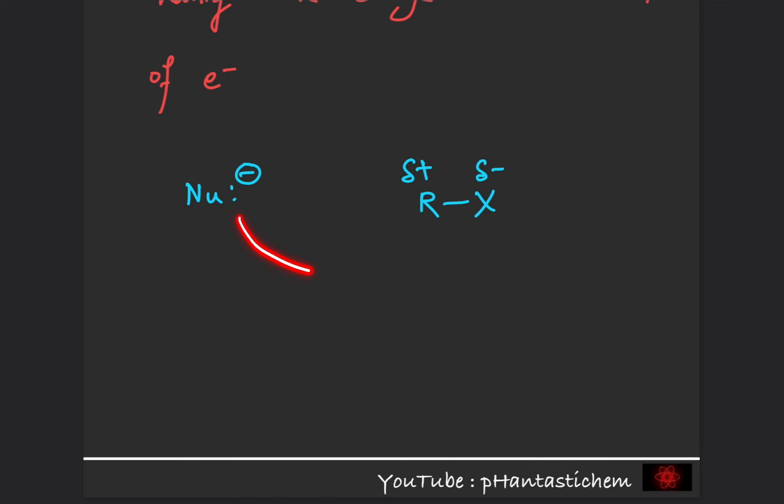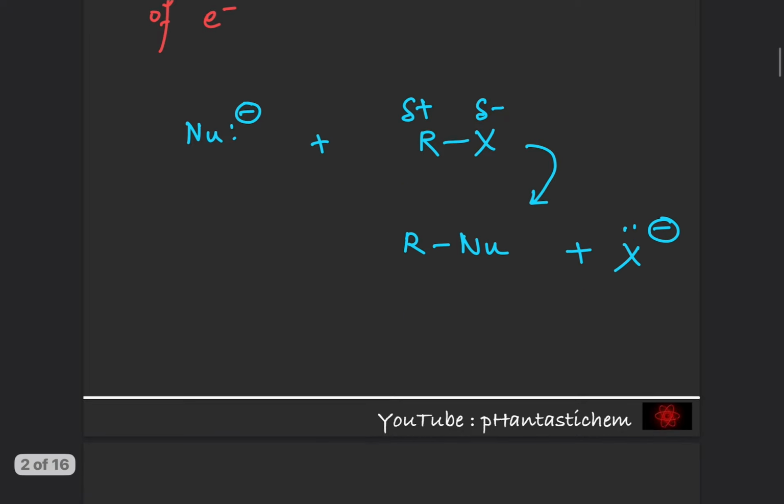So this nucleophile attacks this R and makes a new bond with R. The halogen X will take these bonding electrons and become a halide ion. It will leave as a halide ion. So therefore, the products will be RNu and X minus. So this is known as your leaving group. The outgoing nucleophile is known as the leaving group.